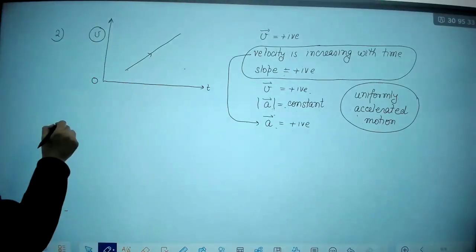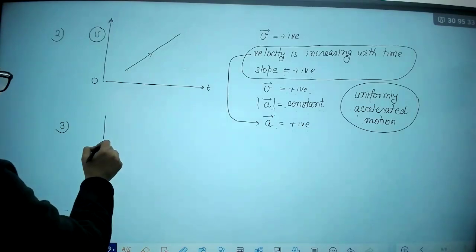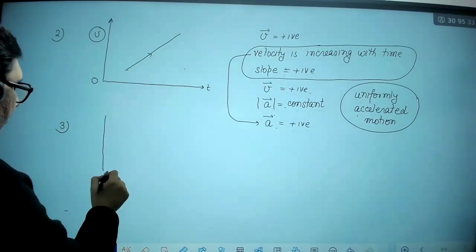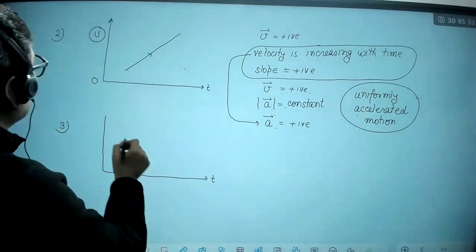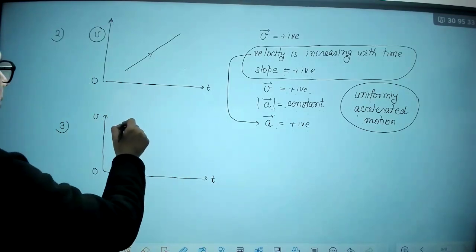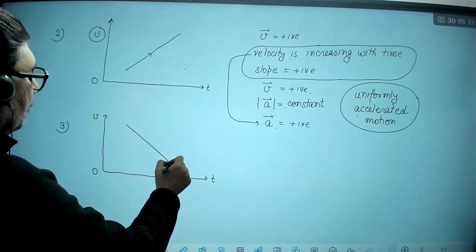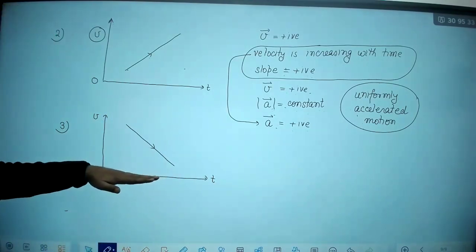Next, this is T here, this is V and 0. If you are having this type of plot, try to understand this.